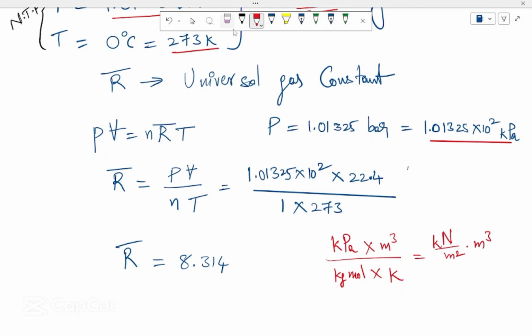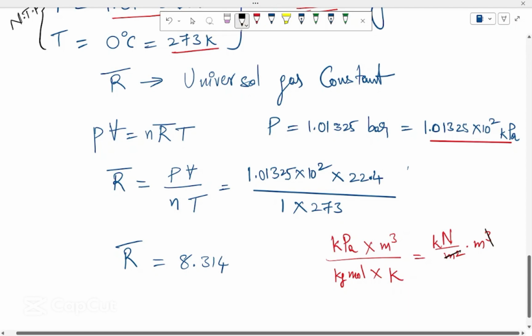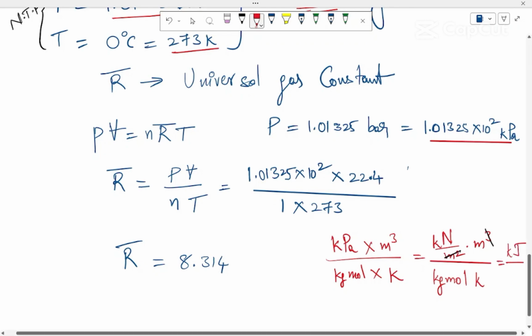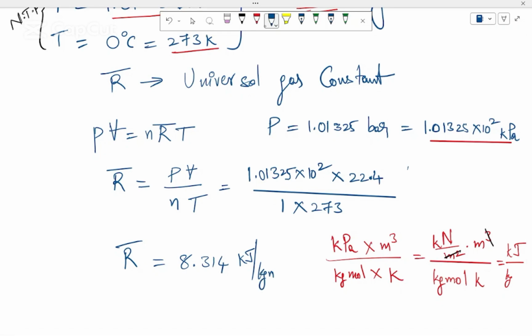So the meter square and cube get cancelled, so that what I'll get in the numerator is kilonewton meter, which is nothing but kilojoule, and in the denominator I'll have kg mole Kelvin. I will write it here directly for the want of space. So this will be kilojoule per kg mole Kelvin.